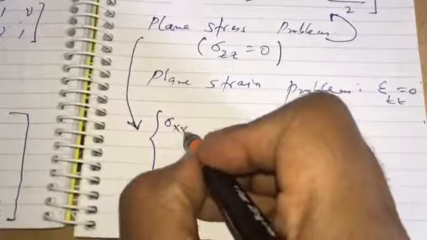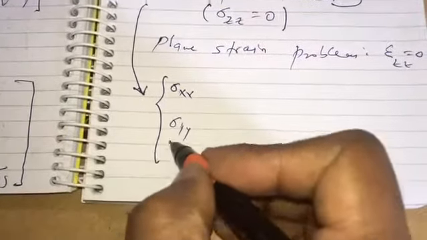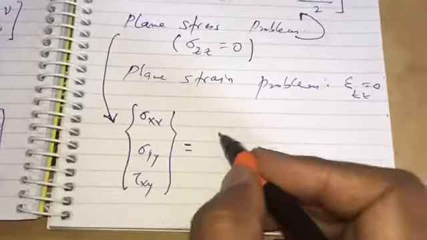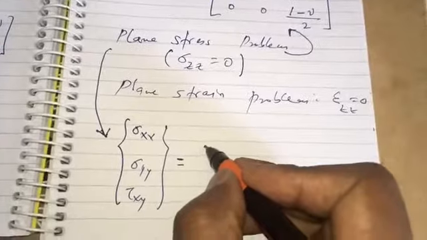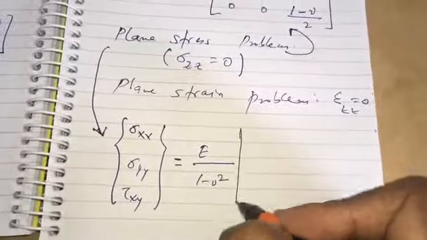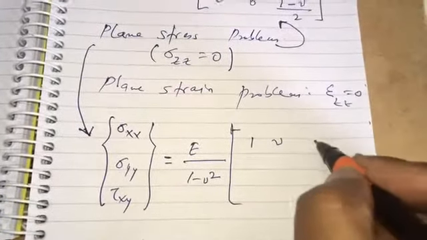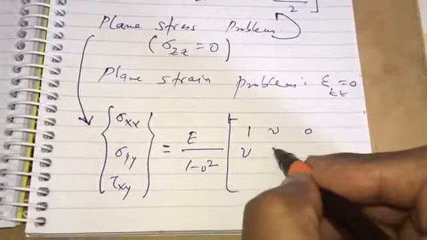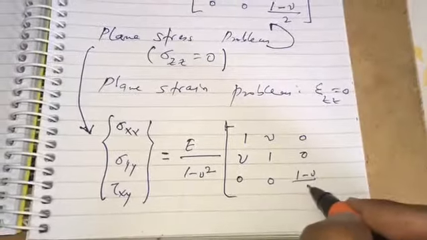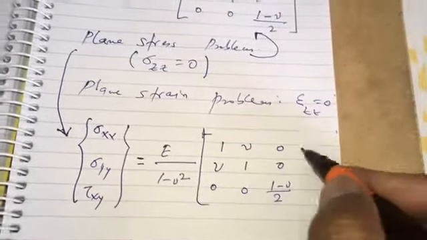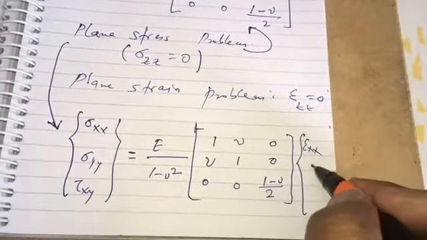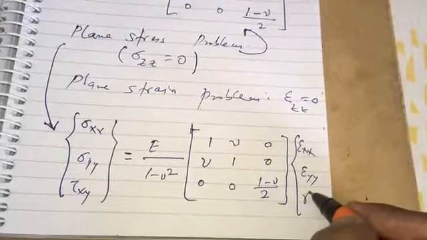The relationship is: sigma xx, sigma yy, tau xy is equal to E over 1 minus nu square, and then we have the matrix 1 nu 0, nu 1 0, 0 0 (1 minus nu) over 2, multiplied by epsilon xx, epsilon yy and gamma xy.